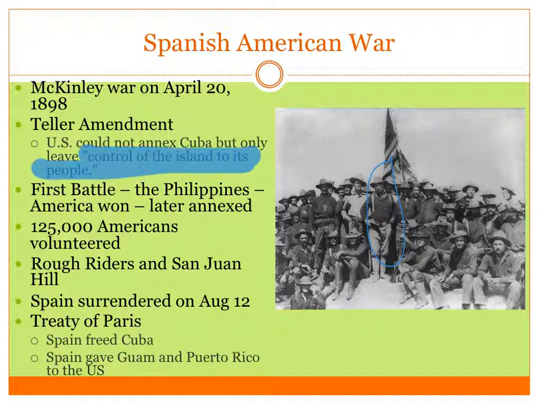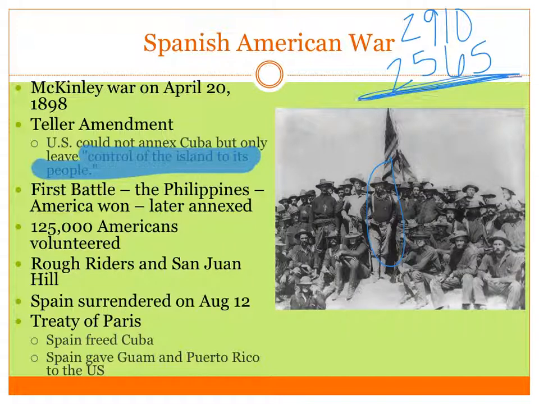So let me show you those numbers again. 2,910 Americans die total. 2,565 of that 2,910 actually die from disease. So not that many people actually die fighting in the war. Most of them die from disease. They get down there and they're exposed to things like malaria, and they can't recover from them.